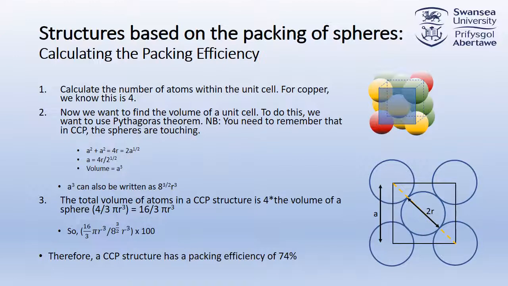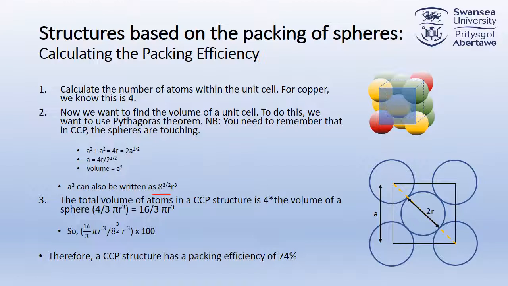Okay, so we already know our volume, A cubed, and it can also be written as 8 to the power of 3 over 2 times R cubed. Okay, so we know the total number of atoms in our cubic close packing structure is 4. So we basically want to times the volume of a sphere by 4.